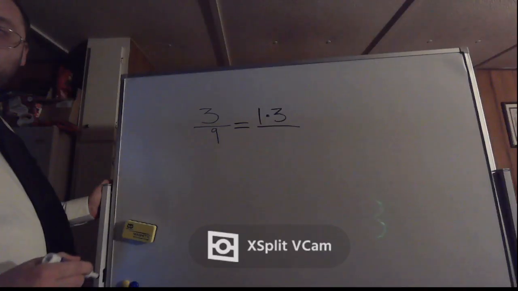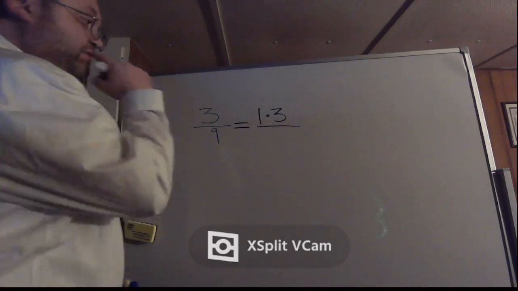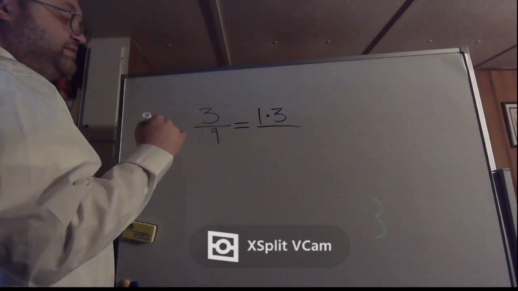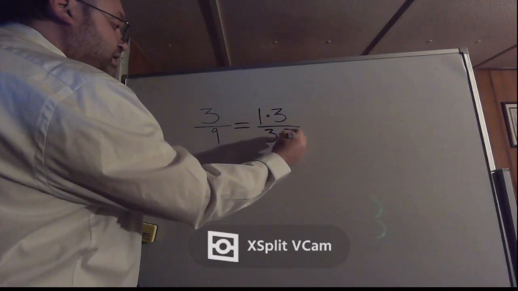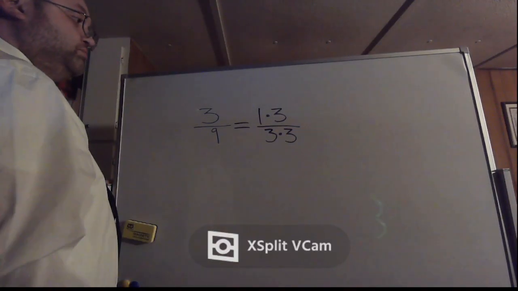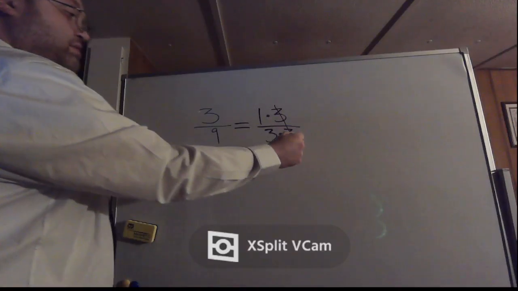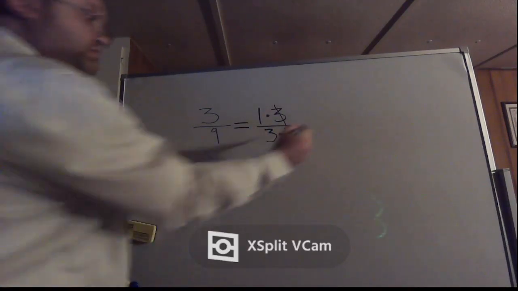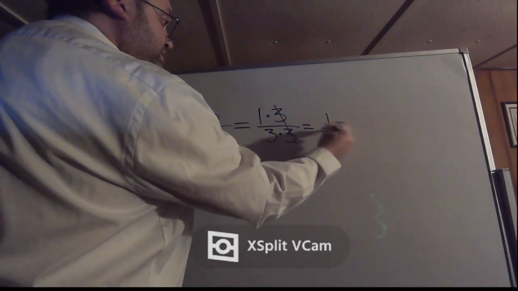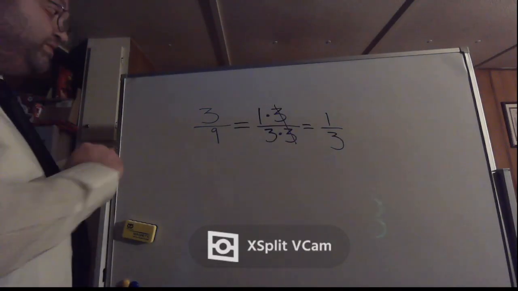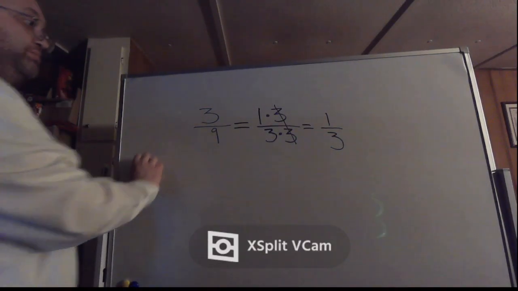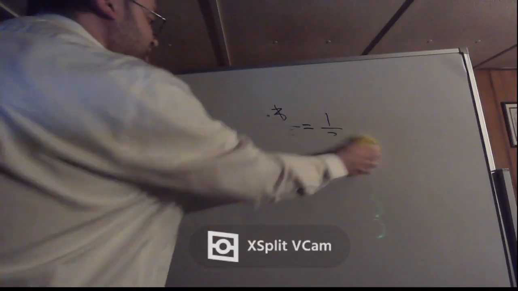What are factors of 9 that have 3 as a factor? Well, 3 times 3. So we could factor out a 3 from each. The 3's will cancel. You are left with 1/3. So 3/9 equals 1/3, and that's it in its simplest form. There's nothing else you could factor.